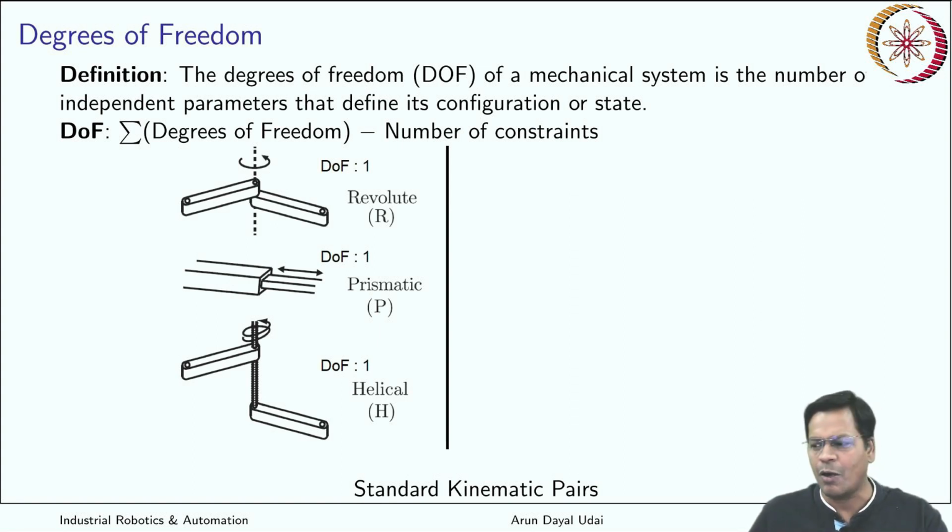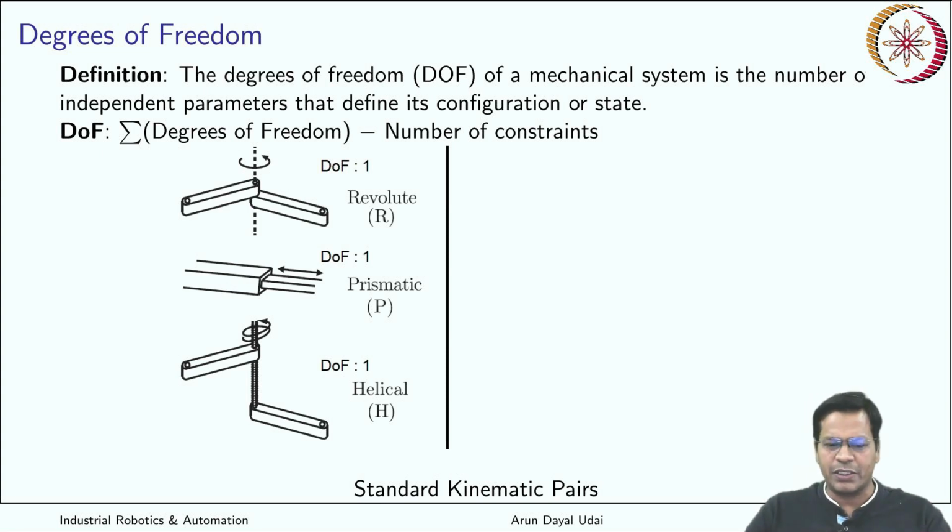Any spatial object, may it be a mouse or anything, in this space is free to move along the vertical direction, horizontal direction, along the x-axis and y-axis. Let us say this is x, this is y. So 3 translations it can do, and 3 independent rotations it can do as well.